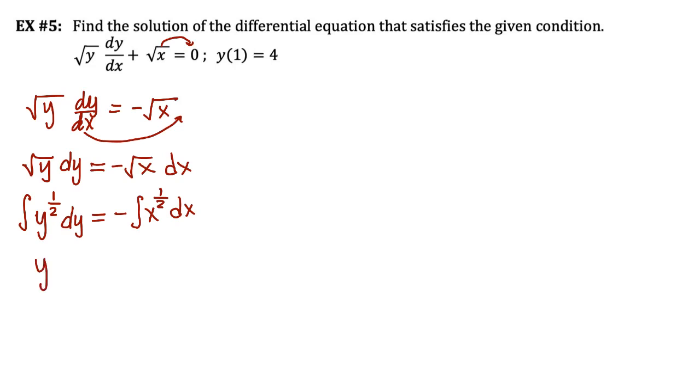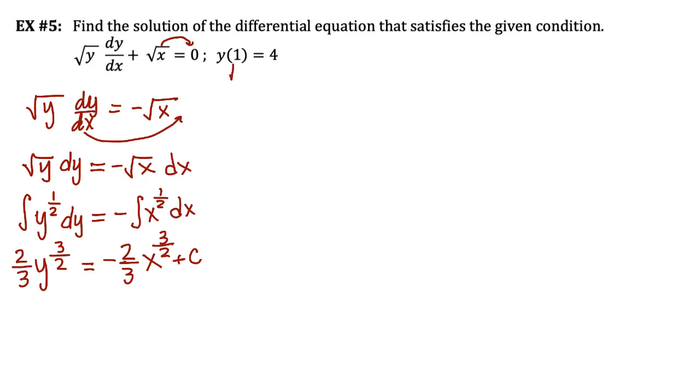So 1 plus 1/2, that's going to give me 3/2. So the front part is going to be the reciprocal, or 2/3, equals negative. And again, this side over here is going to look the same, and then plus c.